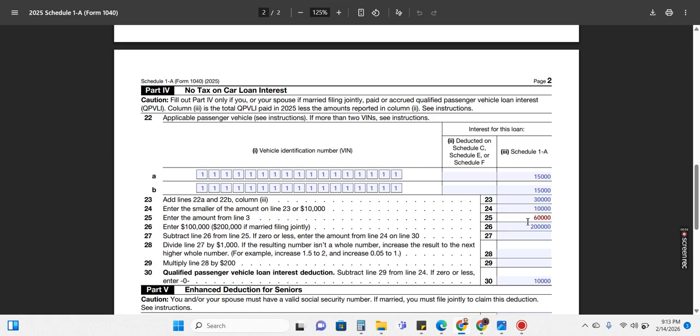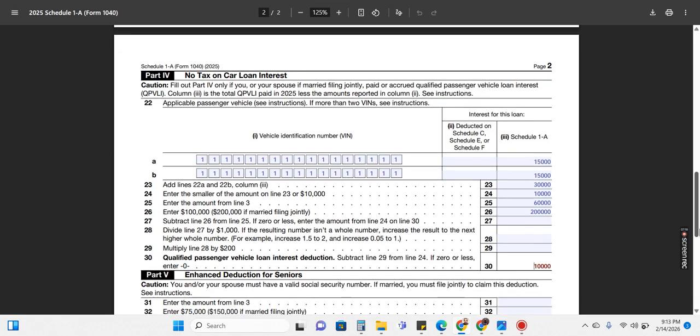Then enter the amount from line 3. Enter 100,000, or 200,000 if married filing jointly. This is married filing jointly, that's why I take 200,000. Now subtract line 26 from line 25. If 0 or less, enter the amount from line 24 on line 30. On line 30, I write this.